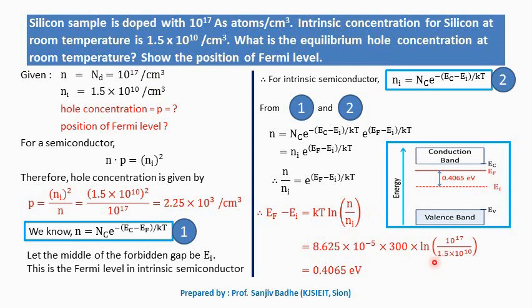Intrinsic concentration is given as 1.5 into 10 raised to 10. So by calculating this with the help of calculator, we can calculate Ef minus Ei as 0.4065 electron volts. So position of the Fermi level is 0.4065 electron volts above the center of the forbidden gap in this problem.